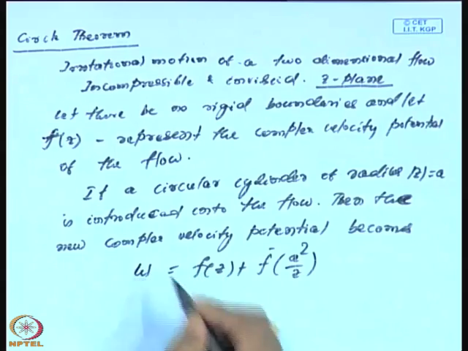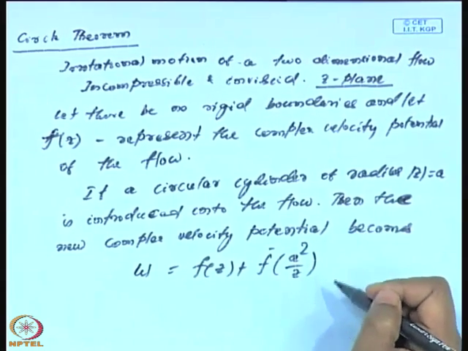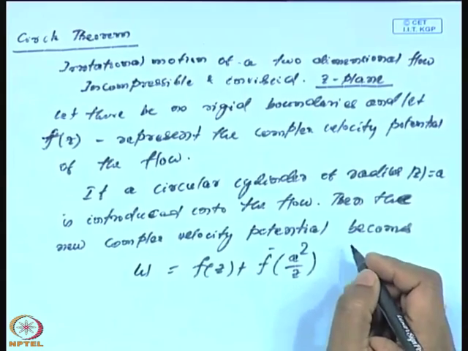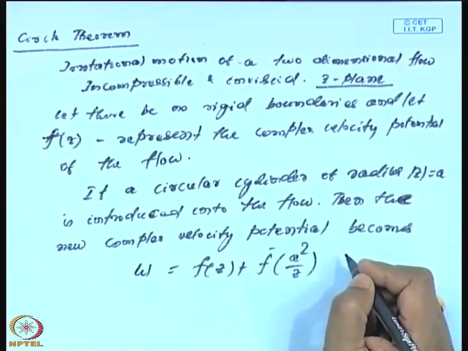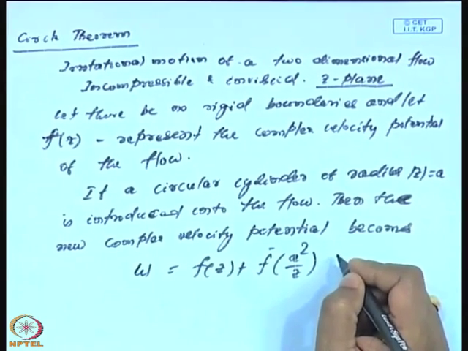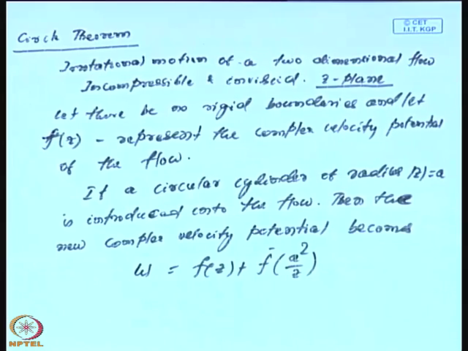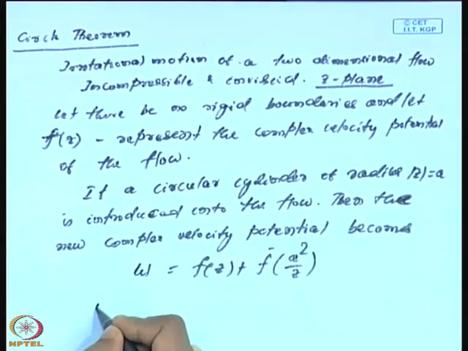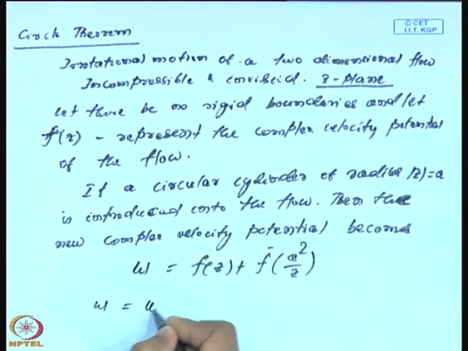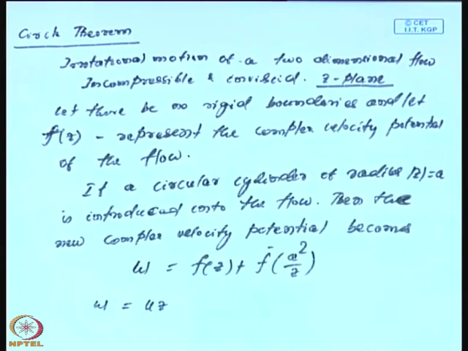So, this is the circle theorem, and you can apply this result to several problems; it has several applications. The simplest application is, suppose I consider a flow W equal to u naught z, that means I have a uniform flow with speed u naught.